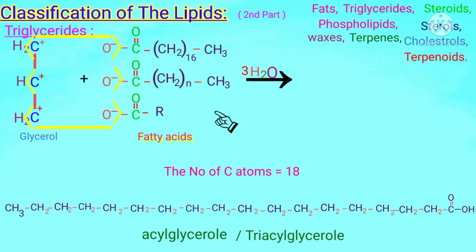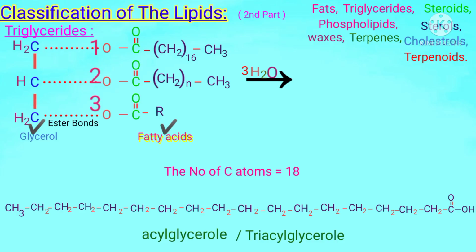Now students, positive and negative charges combine with the help of a bond that is called an ester bond. Students, all these are ester bonds, and these are covalent bonds. Ester bonds are new bonds which are formed between a glycerol and 3 fatty acids. 1, 2, 3. These are 3 ester bonds.